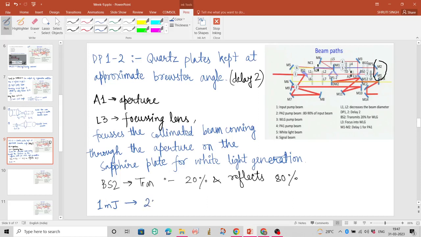So that is 200 microjoules. 200 microjoules was here in this path. Now from here again 80% got reflected and 20% is transmitted. So the 20% which is transmitted will be 40 microjoules. So we have very little energy transmitted here, and even after that we have VF, which is a variable filter. VF is the variable filter.